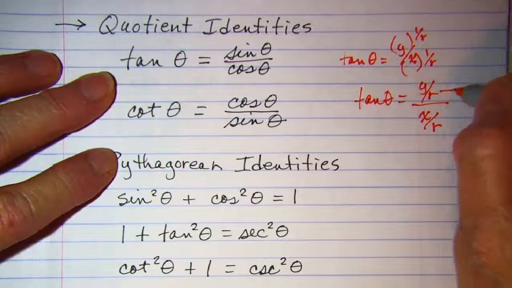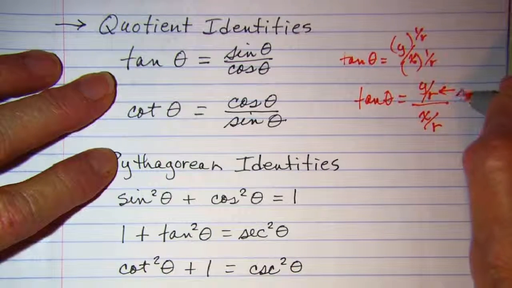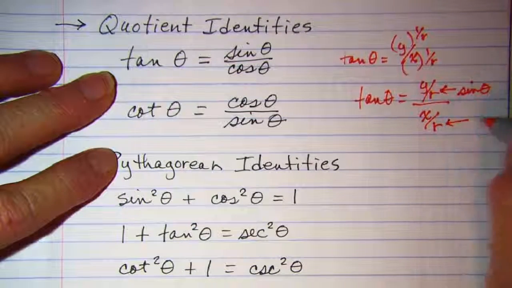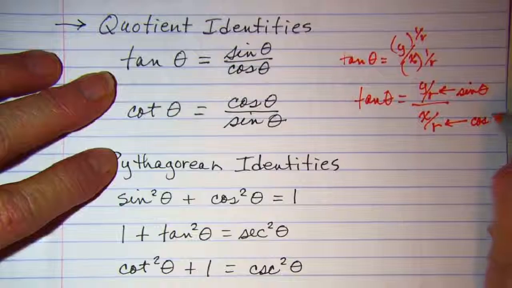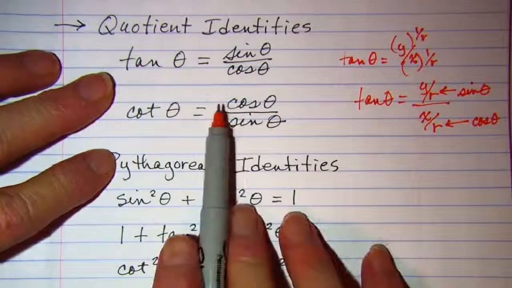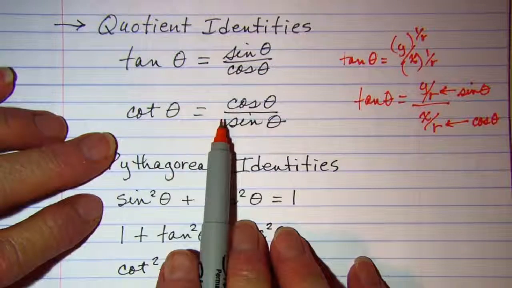And now you can see that this ratio is my sine theta ratio, and this ratio is my cosine theta. So that's just a little proof, and you would do the same thing for cotangent if you needed to.